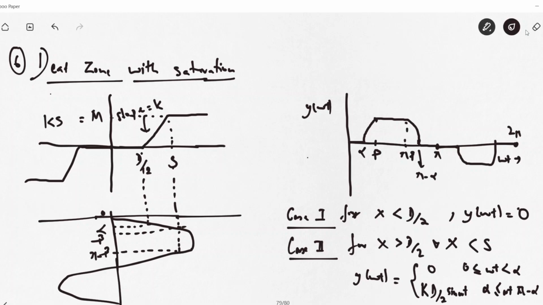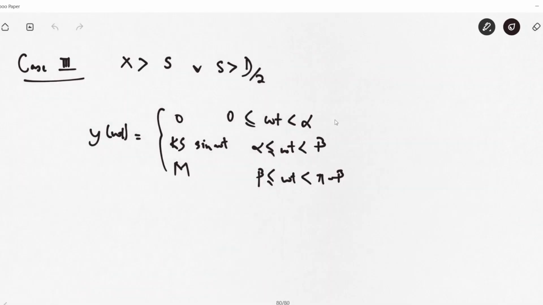One correction here, this is kx sine omega t minus d by 2, like we did yesterday. Kx sine omega t minus d by 2.